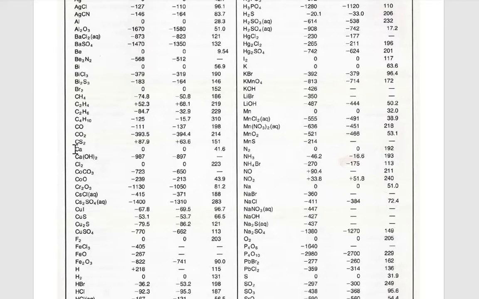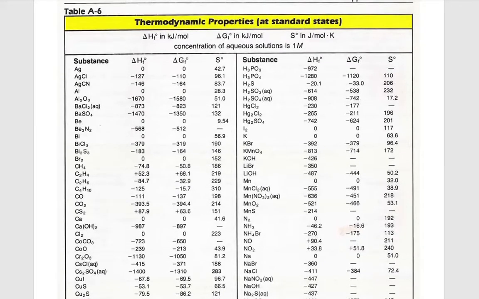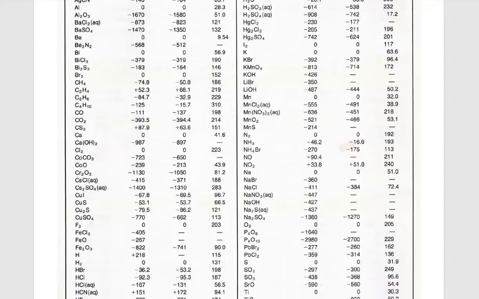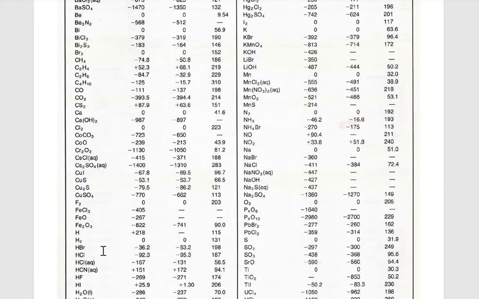And when I look on my chart, I come down here, and sure enough, I have iron oxide, Fe2O3, and this is my delta H value. I don't want that. I do want this one. This is my delta G value. And I know I have to scroll up to show you, but this is my delta G column. So the value that I want to put in there is the value of my iron oxide, negative 741.